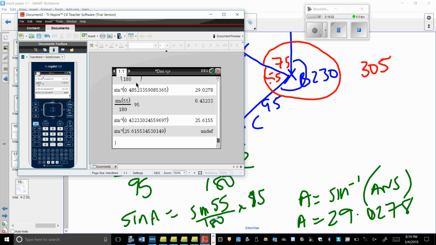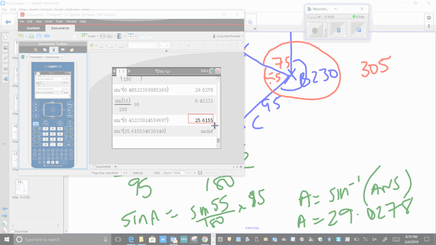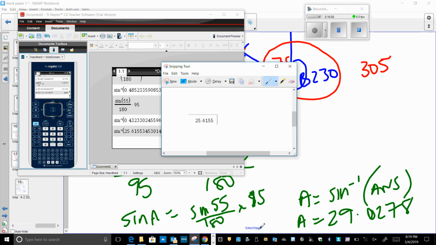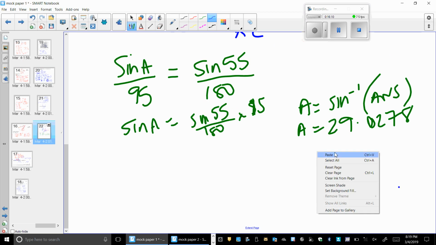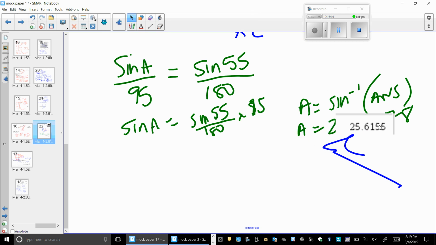Let's snip it so we don't have to keep writing it. Alright, so that's our answer there. So that's A.